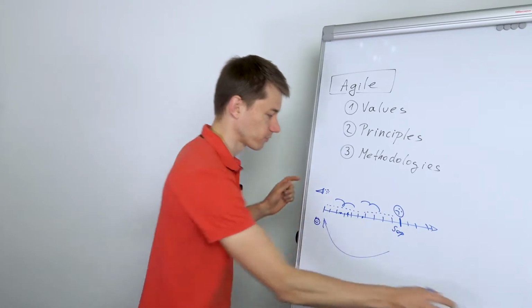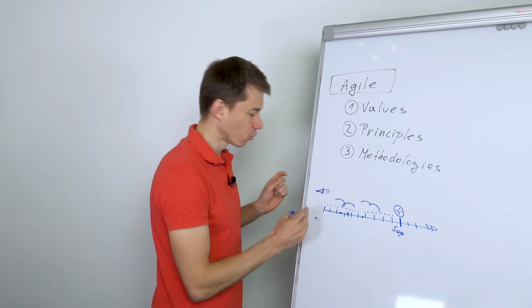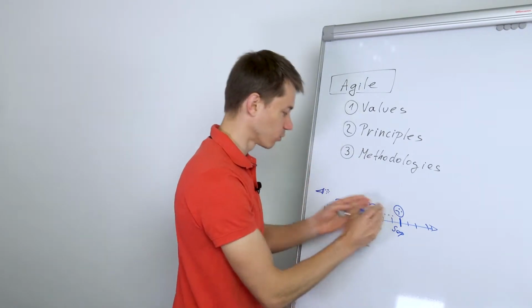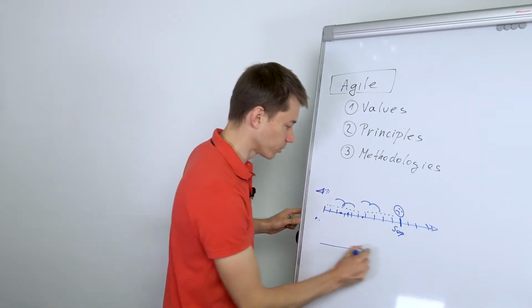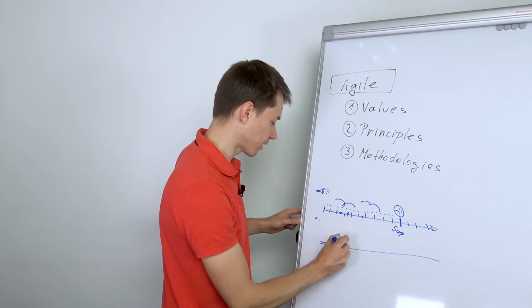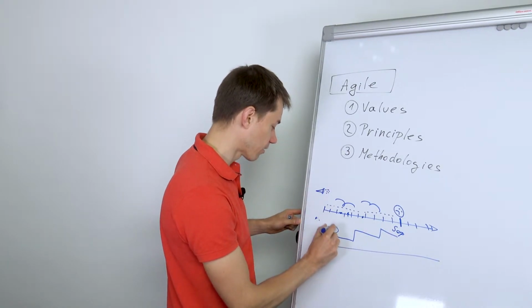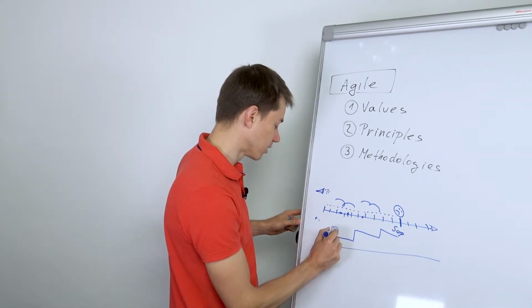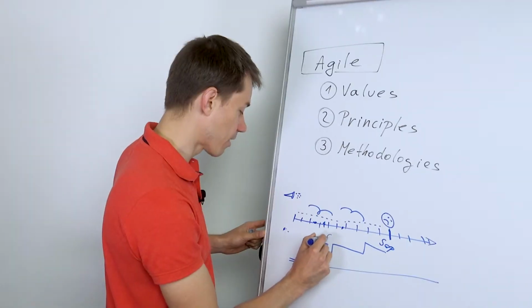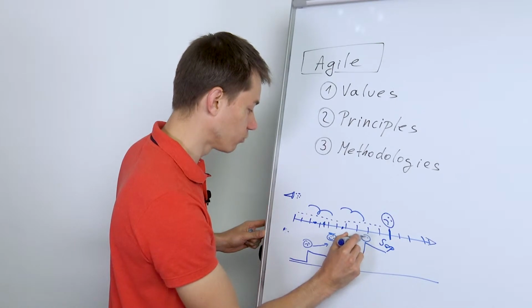How can we shift from this waterfall model where you cannot see anything until you deploy? How could we shift to something where we show something, then show something else, and then something else? Even if here the customer is disappointed, we iterate, and then maybe here the customer would be happy, and then here he would be super happy.